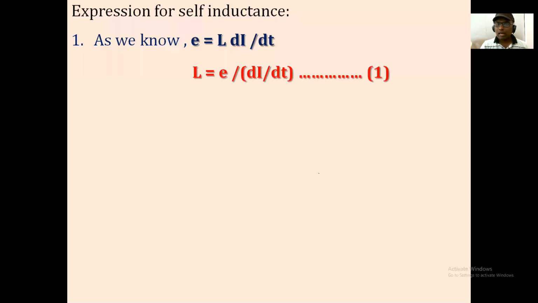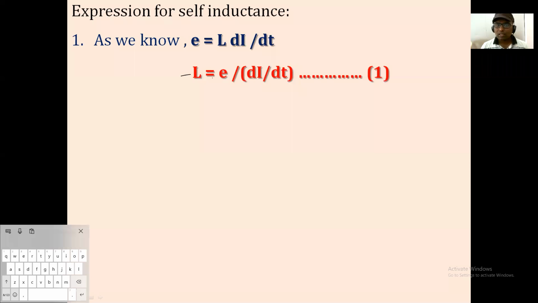So if I want to derive the equation for the self-inductance, I can write L is equal to E divided by di by dt, by transferring to the left hand side. This is the first equation for the self-inductance. Simple. Okay. Now let's derive one more equation for the self-inductance.